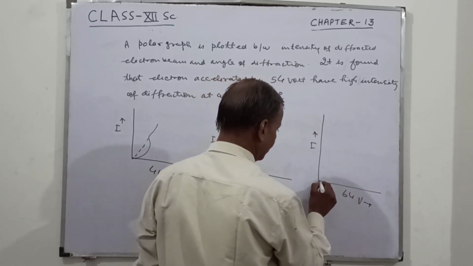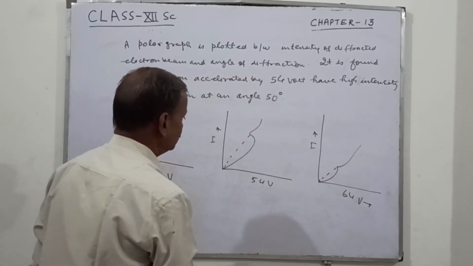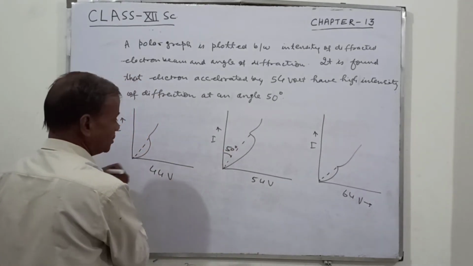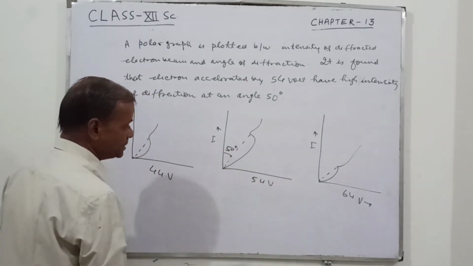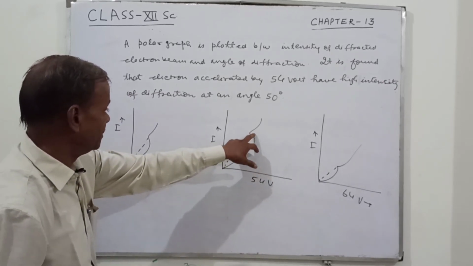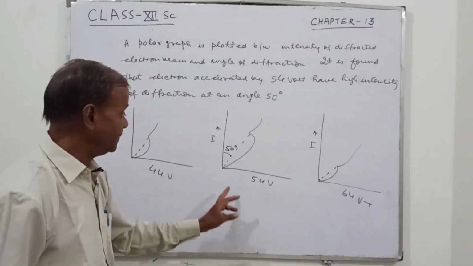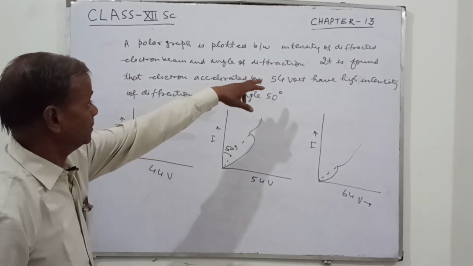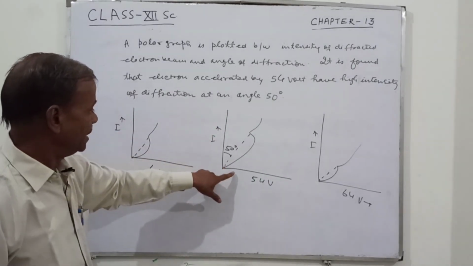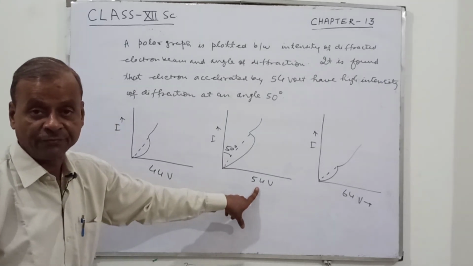Then the graph exists like this. So it is found that this angle is 50 degree. This is somewhat less than this, and the intensity is maximum for this. You can see the peak of this graph is higher than all these curves. It means that the intensity of diffraction is maximum at an angle of 50 degree when the electron beam is accelerated by 54 volt.